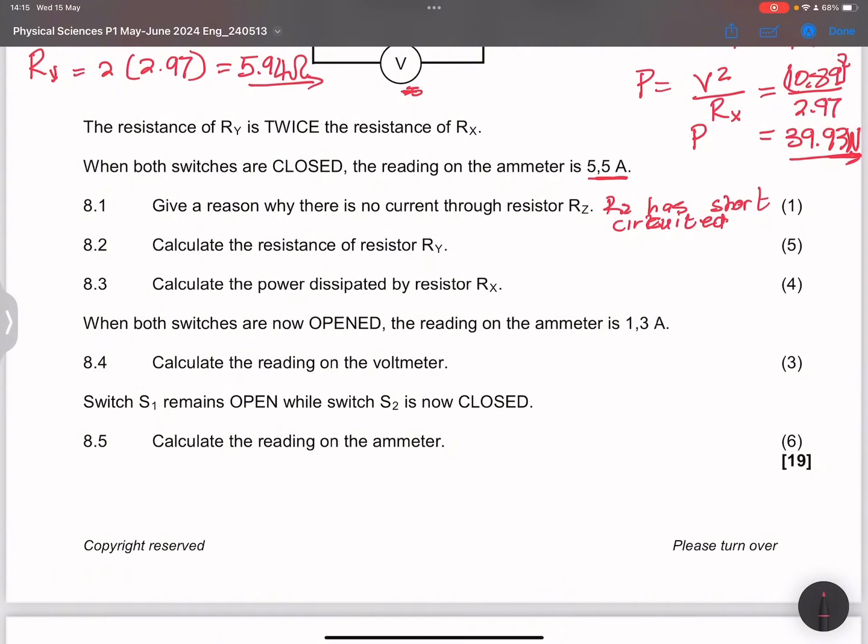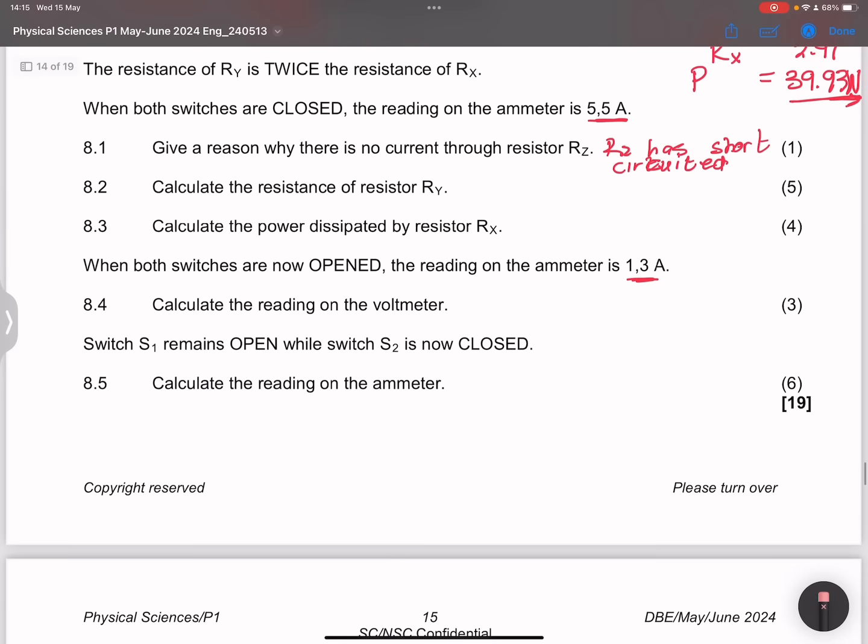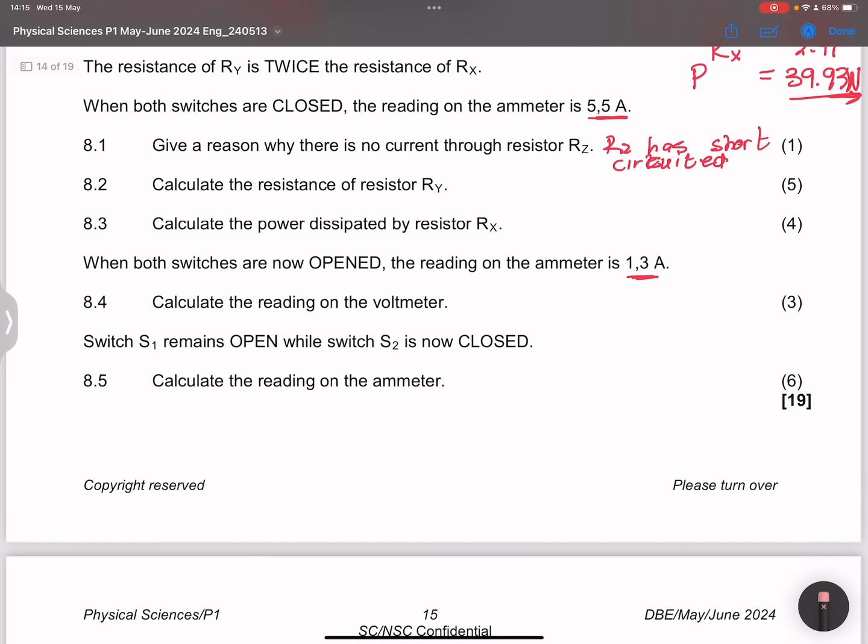So again, we've got the total current, and the voltmeter reading will be the reading only on Ry this time around. So V is equal to I multiplied by R.